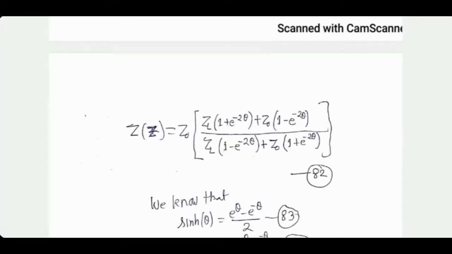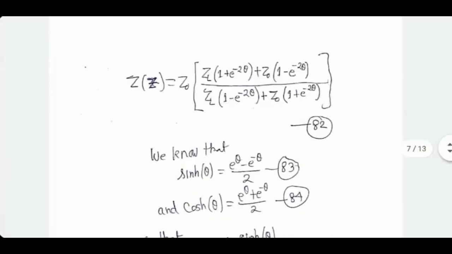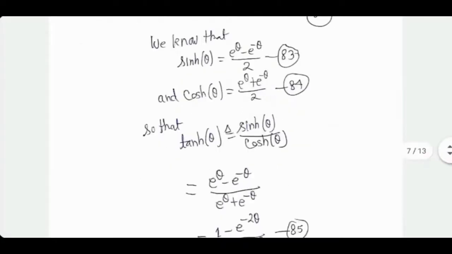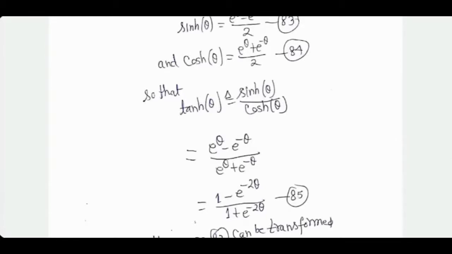You can verify it later. Now I use the famous formulas for hyperbolic functions. Sinh theta is equation 83, cosh theta is equation 84. So tanh theta is actually equation 85.